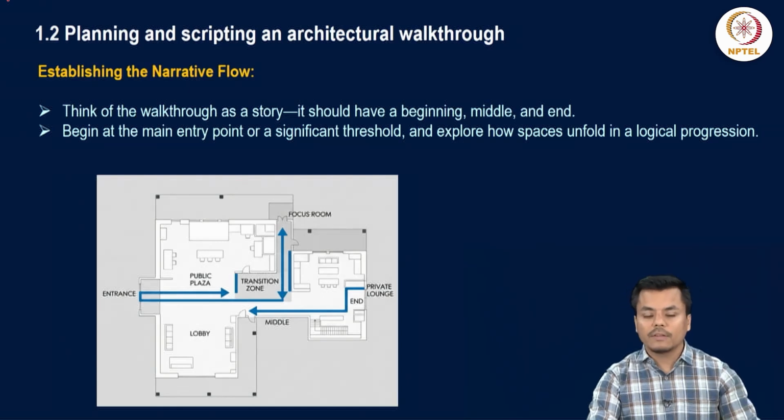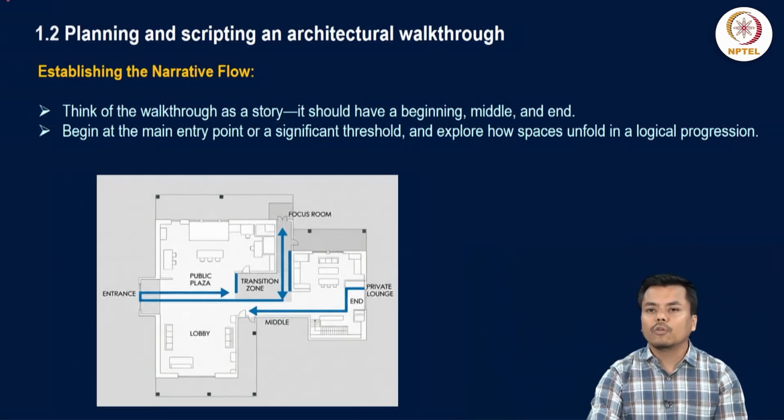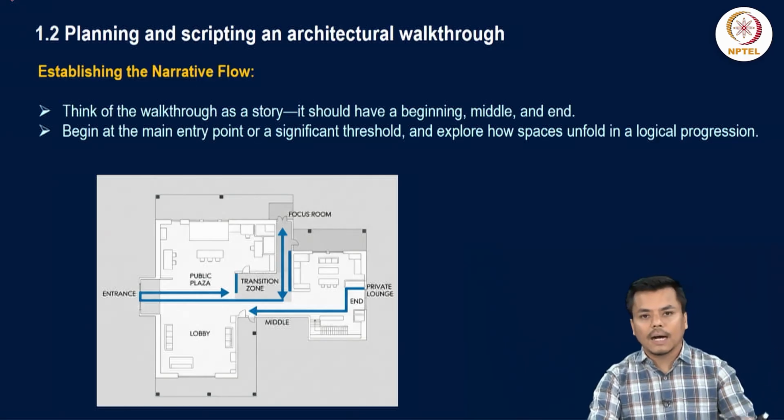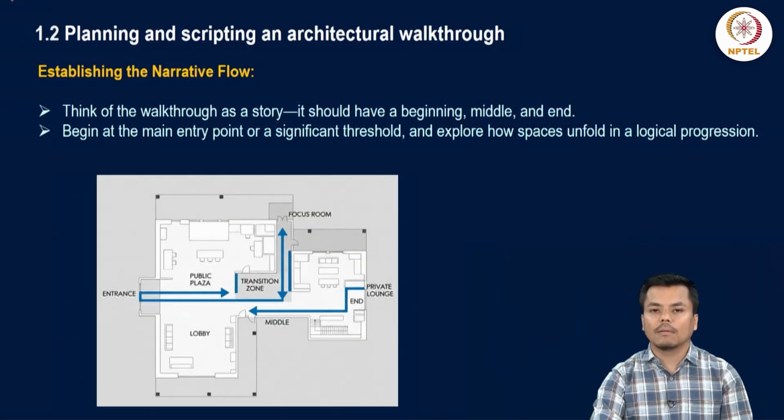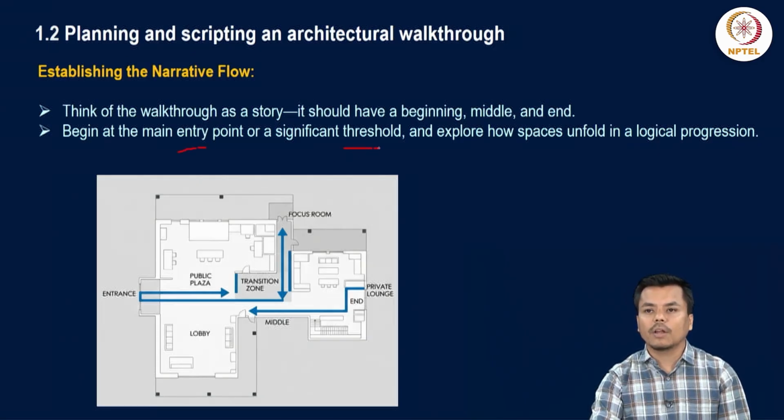If it is a normal corridor, then possibly you may not spend too much time showing each and every detail. You can quickly pass through the corridor, then showcase the other details. Begin at the main entry point or a significant threshold and explore how spaces unfold in a logical progression. That is important to be followed.